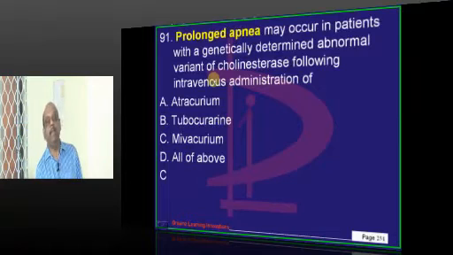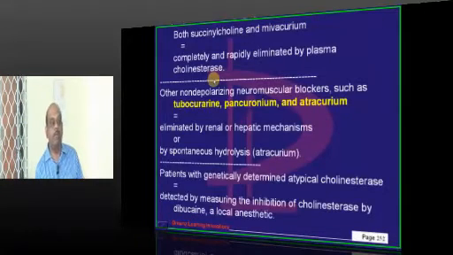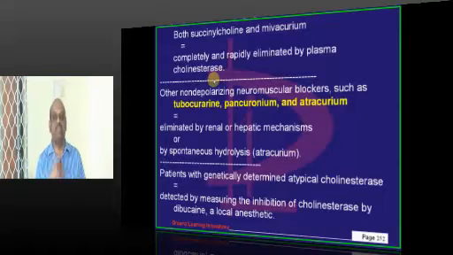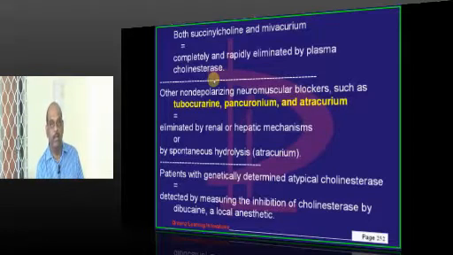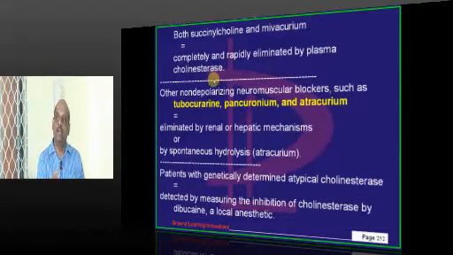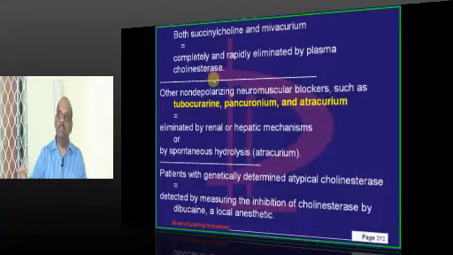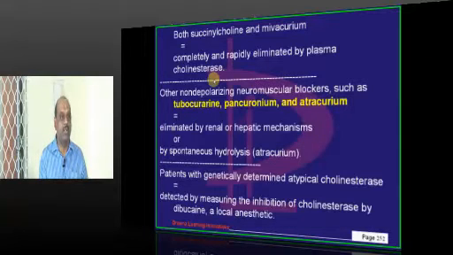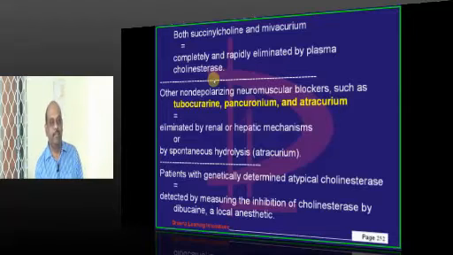Now prolonged apnea can occur with mivacurium and succinylcholine. Why? Because they are both metabolized by cholinesterase. Some people can have genetically decreased cholinesterase. Why will an anesthetist ask, does the patient belong to the Vaishya community? In modern days, if you ask such a question, you can be crucified for social discrimination.